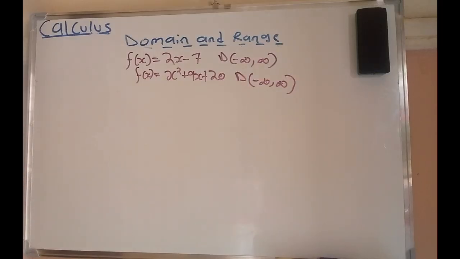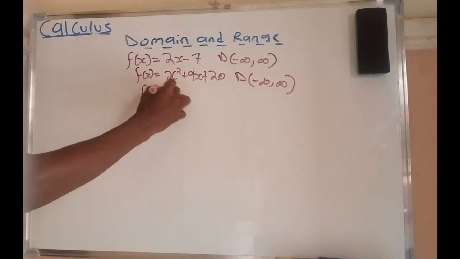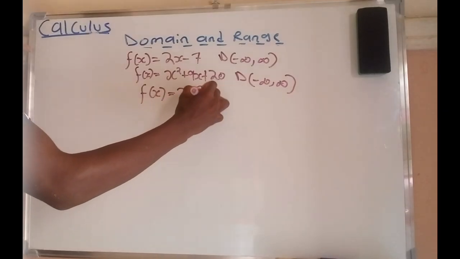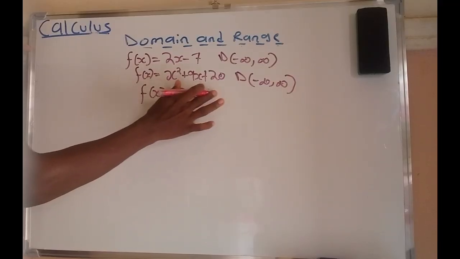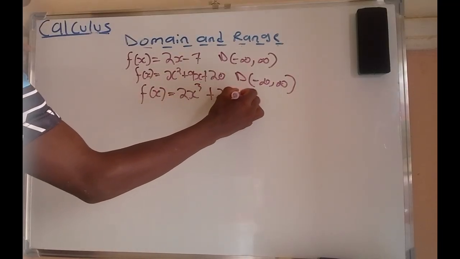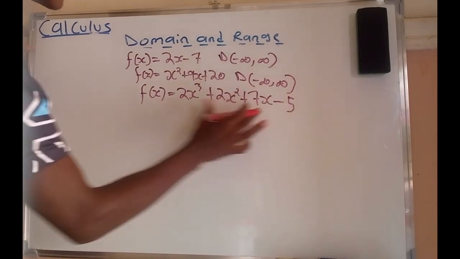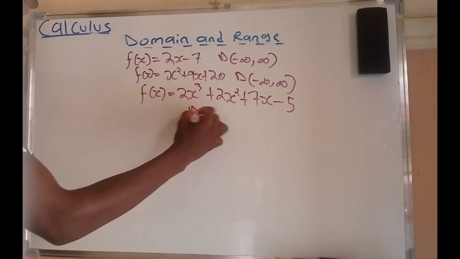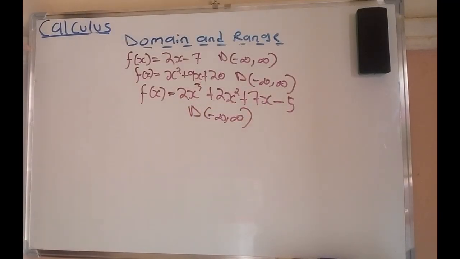And for the sake of polynomial functions, let's say we have f of x equals 2x cubed plus 2x squared plus 7x minus 5. This is a polynomial function. Also, the domain of this function will be negative infinity, comma, positive infinity.